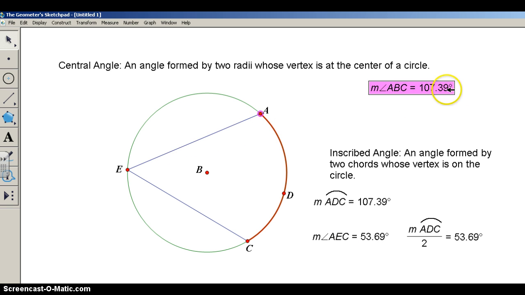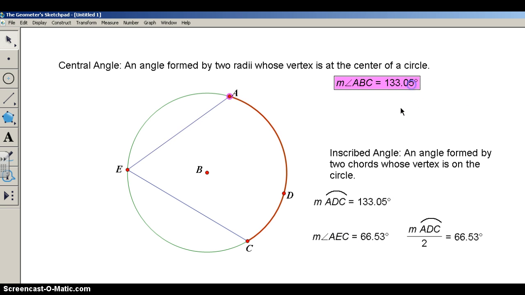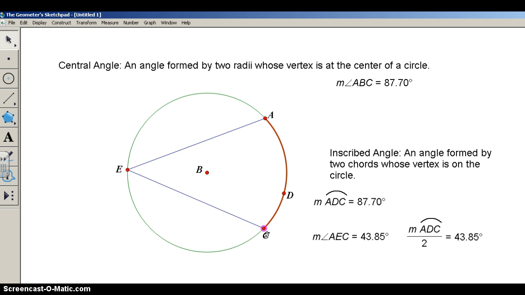And notice this was still my measure of my central angle up here, so this measure of my central angle is also staying the same measure as my arc. So central same. Get it in your brain that the central angle is the same degree measure as the intercepted arc. Inscribed angle is half of the measure of the intercepted arc.